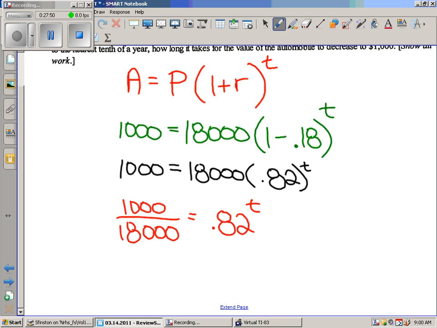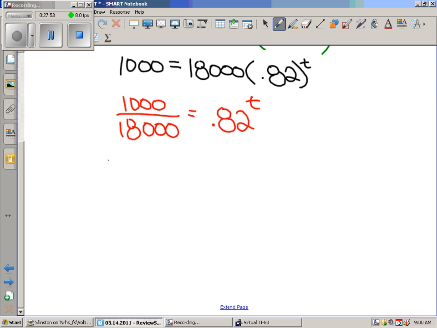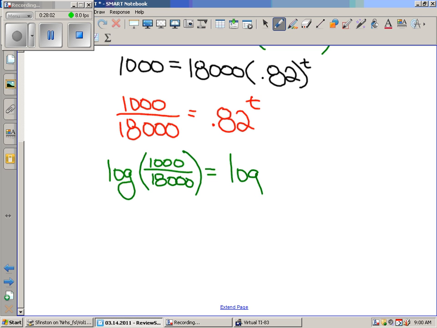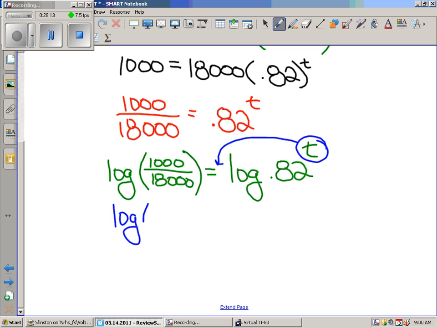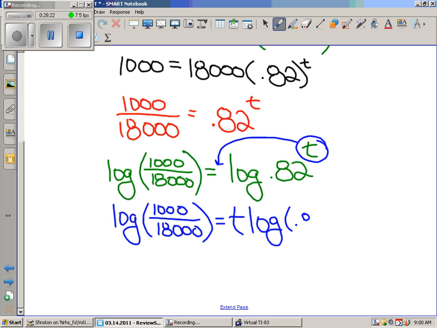How do you solve that? Log it up. Log up both sides. So the log of 1,000 divided by 18,000 is going to equal the log of 0.82 raised to the T. The log of this thing divided by that equals T log 0.82.